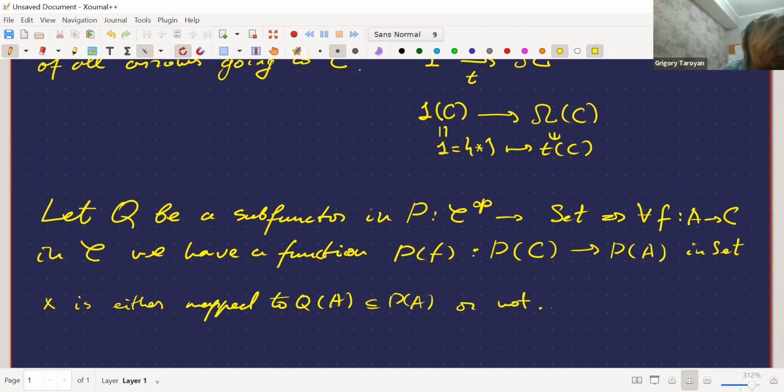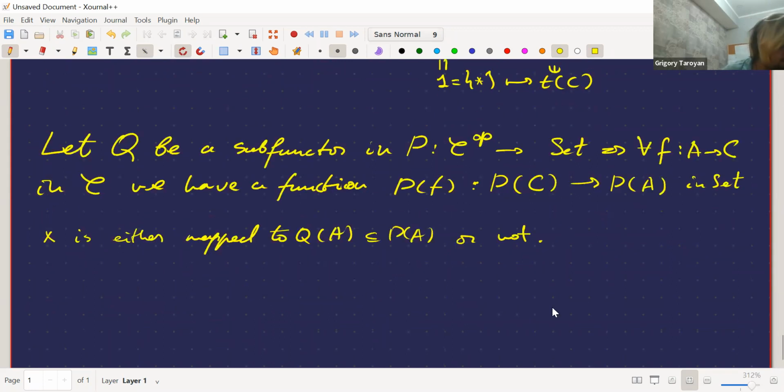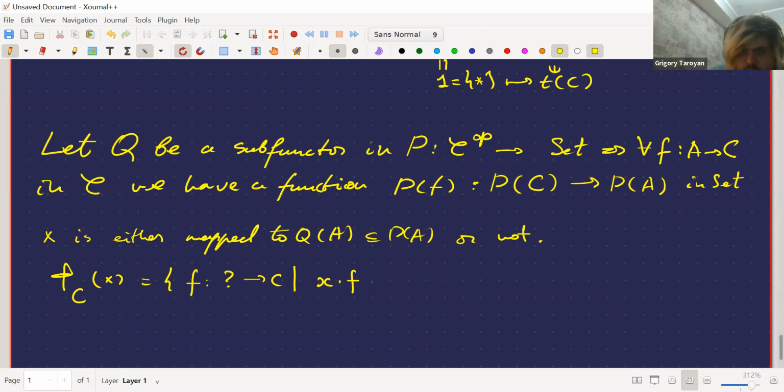Based on this, we can construct a characteristic function phi C of X, consisting of F from something to C, such that the composition of X and F, which we denote by an action of F on X but is just a composition, belongs to Q of this.